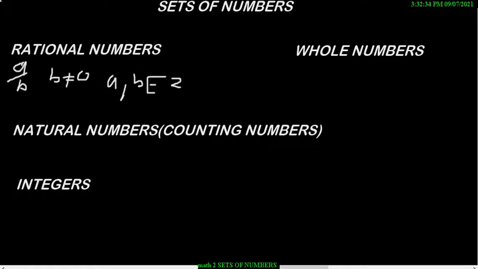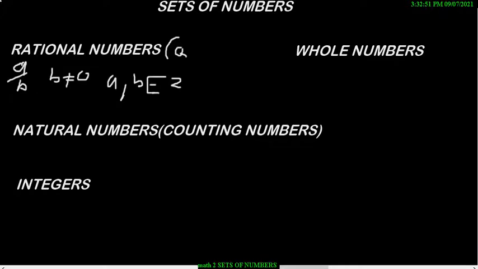The symbol for rational numbers is this capital Q-like symbol. Yes, that's it for rational numbers. We'll go deeper into rational numbers because that's the next topic.